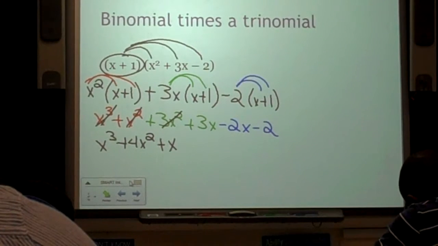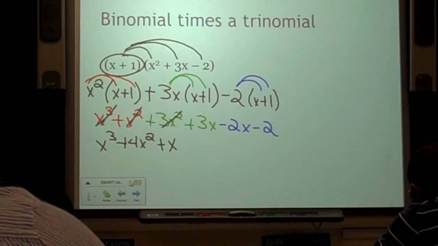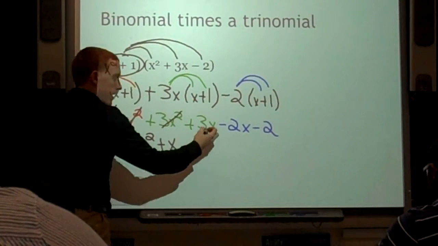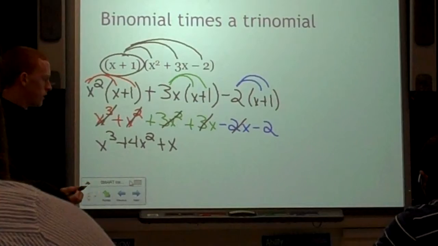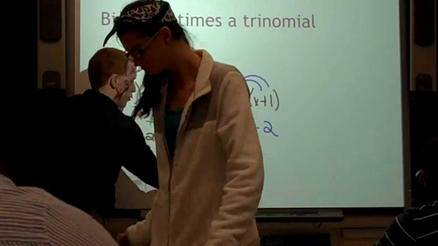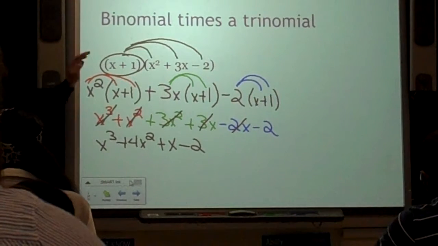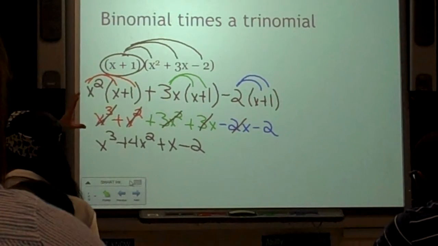The identity property of multiplication. So I'm done with these. Negative 2 doesn't have anything, so I'm stuck with negative 2. So, a really long process to get to this.